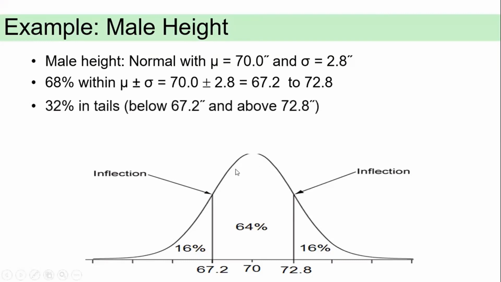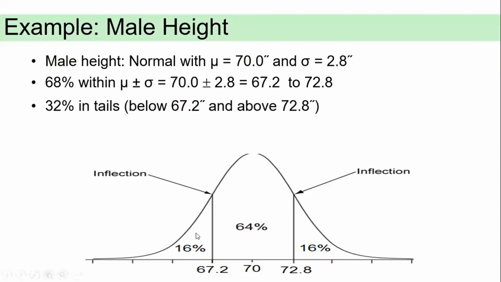Since this is perfectly symmetrical and the total probability under this curve is 100%, then 100 minus 64, or sorry, it should be 68% there. I think it's wrong here. Please note this should be 68%. Thank you. That's why if you have 100 minus 68, that is in fact 32%.